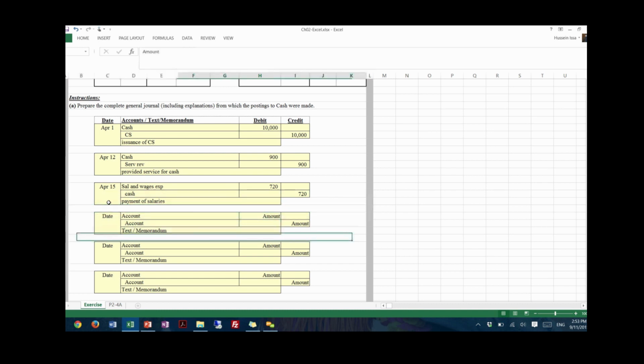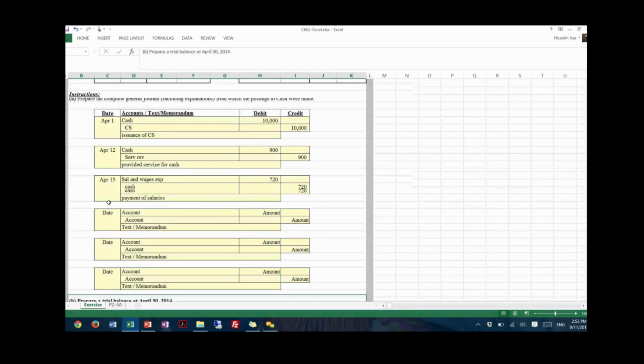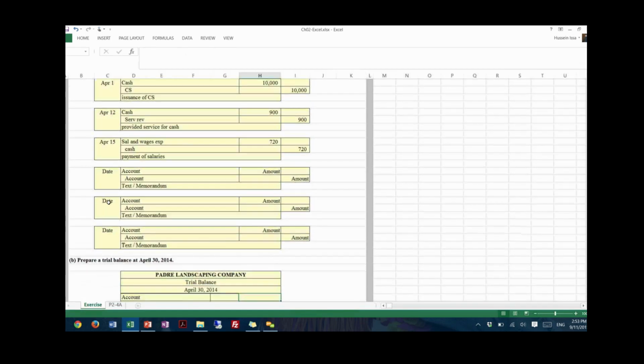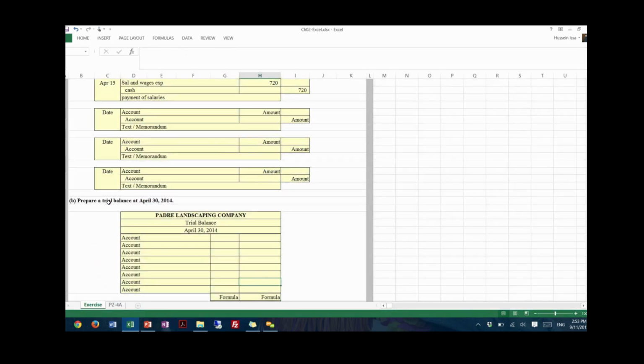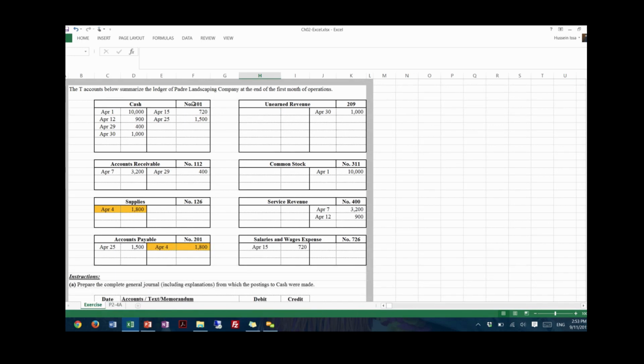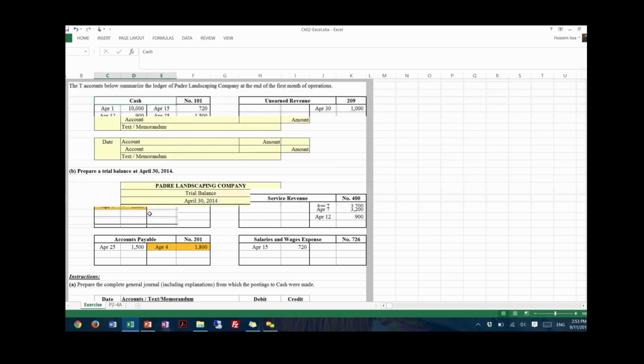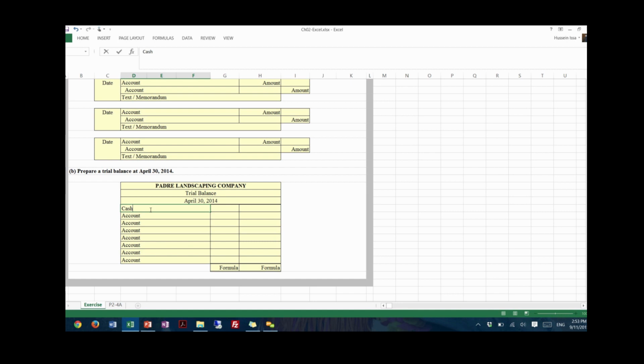I'm going to stop at this one because it's going to take time. Here they tell us to prepare a trial balance. Okay? In a trial balance, we list the accounts and the amounts of their balances. So we start with cash. What comes after cash? Cash, and here we have the cash balance. I'm not sure how much.